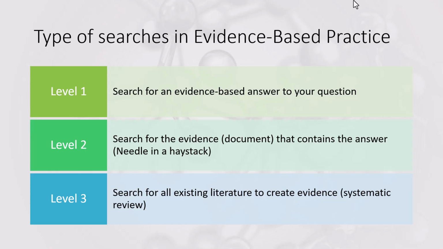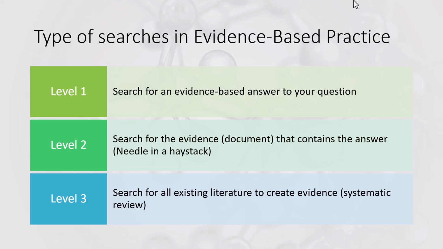Just to be clear, because many people get confused about these three different types of searches, I just wanted to clarify that there are three different types of search in evidence-based practice, and depending on where we are, we could use one of these levels. One level is searching for an evidence-based answer to your questions. It means you ask a question and you get an answer.